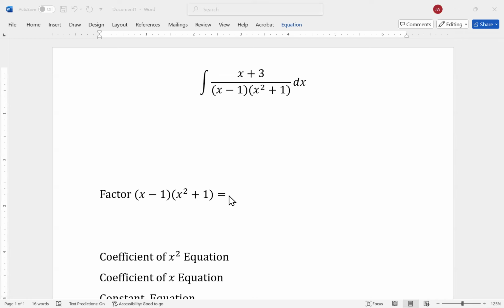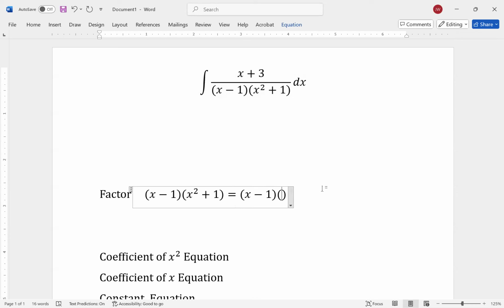If we want to break this down, we have to do it in a different way than what we've done before. The reason is when I go to factor this denominator, the x minus 1 is its own linear piece. But the x squared plus 1 does not factor over the real numbers.